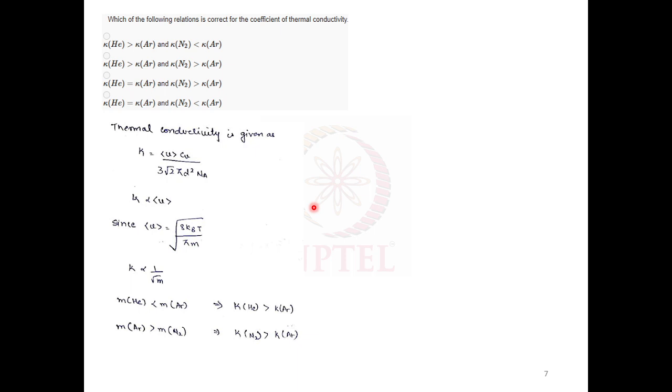Let's say you are given oxygen 16 and oxygen 17, with oxygen molecule pairs 16-16, 16-17 and 17-17. Where will you have the lowest thermal coefficient? Obviously for 17-17, since its mass is more, it has the lowest average velocity, and less average velocity gives the lowest thermal coefficient value.